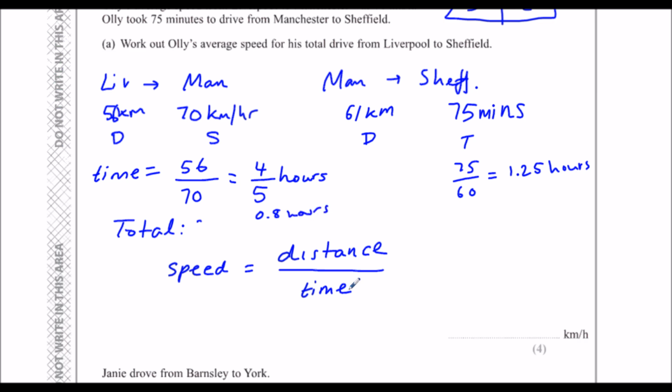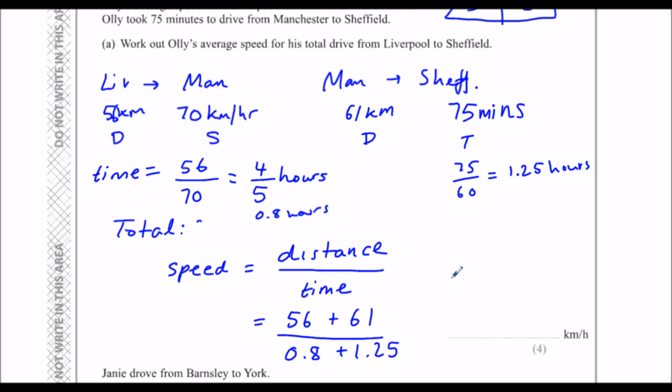So for our total distance, we've got 56 and 61. For our total time, we've got 0.8 and 1.25. So kilometers per hour. These measurements are in kilometers. These measurements are in hours.